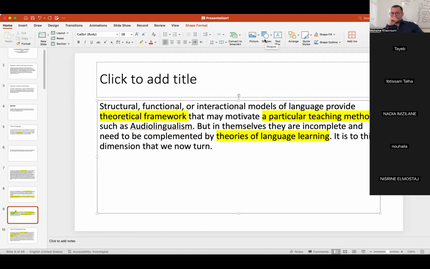It forms the foundation of an approach, linking linguistic theory, what language is, with learning theory, how people learn languages. Okay, Tayyib, sorry to interrupt you. Now, can you please think of your previous English teacher in secondary school and tell me about the theoretical framework he used in the classroom.